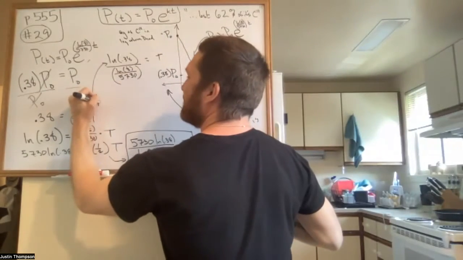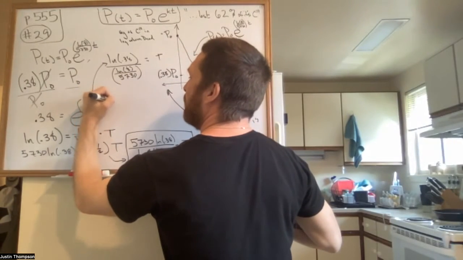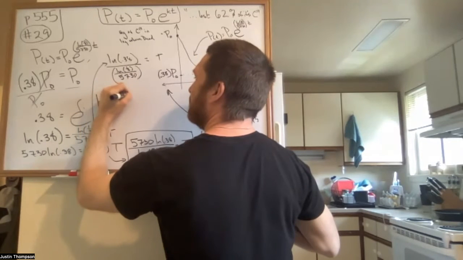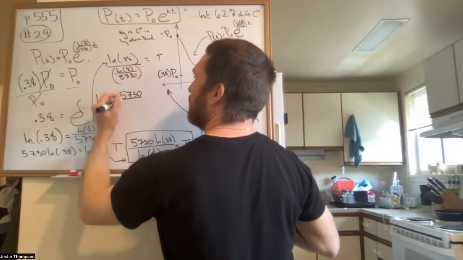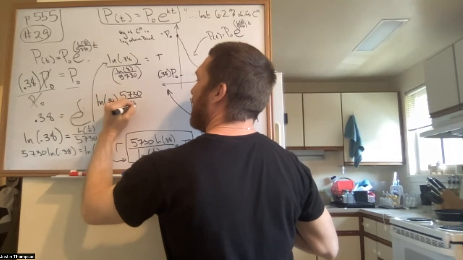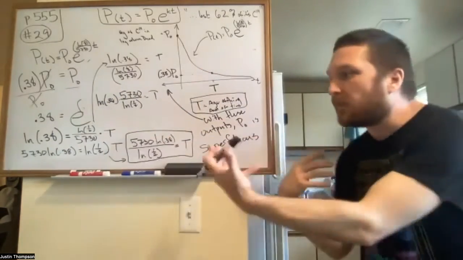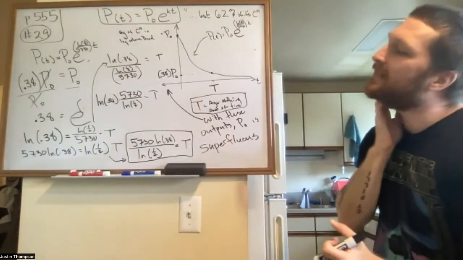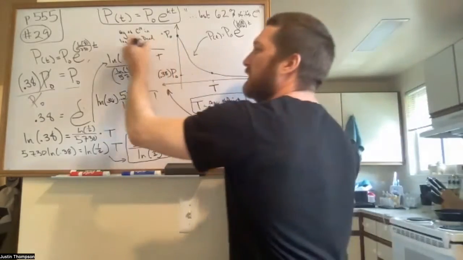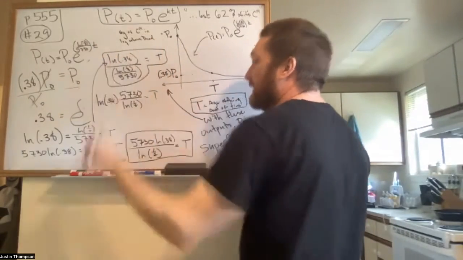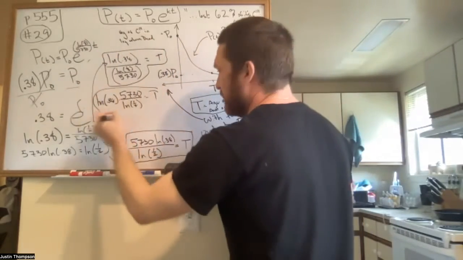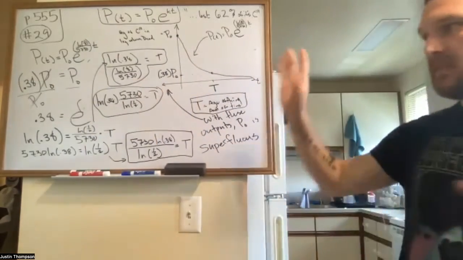So this is the same thing as natural log of 0.38 times the reciprocal, 5730 over natural log of 1/2, which is exactly what we wrote, just a little bit differently. Any way you want to write this is perfectly fine; they all mean the same thing.